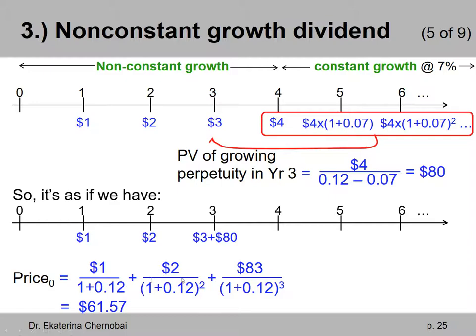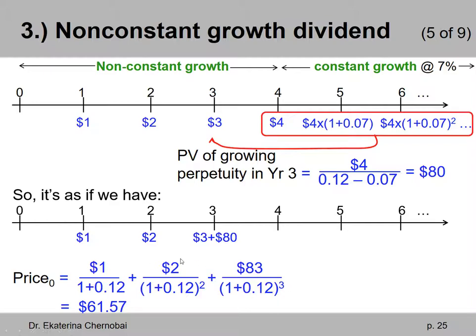So $2 is divided by (1 plus 0.12) to the second power. And then we add the third and last term, which is a total of $83, right? Discounted back by 3 years. So we divide it by (1 plus 0.12) to the power 3.